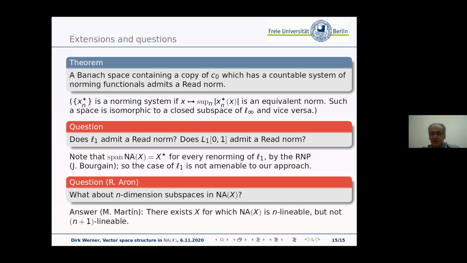All right. First, the Lipschitz dual contains the original dual. So if there is a norm without two-dimensional subspaces of norm-attaining linear functionals, the same renorming works for the Lipschitz dual.